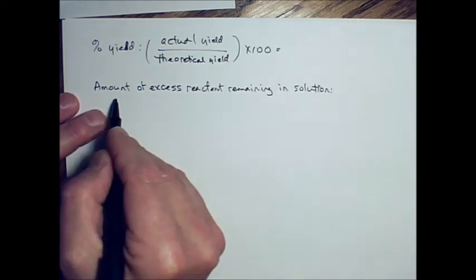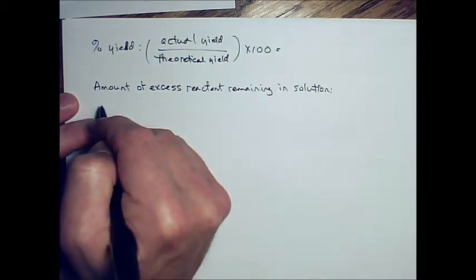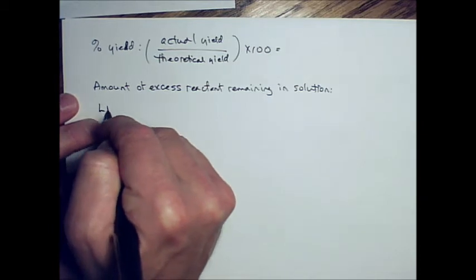Okay, so the way you do this is you start with your limiting reactant. So your limiting reactant goes over 1.